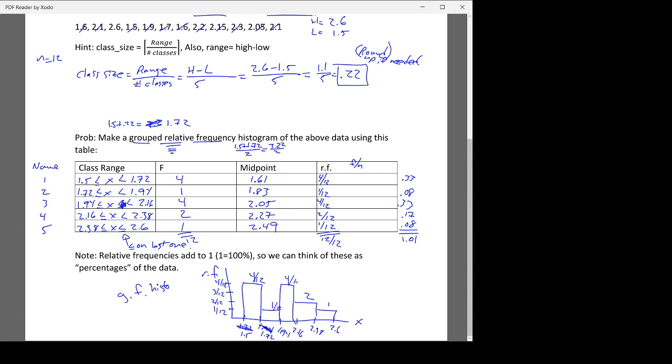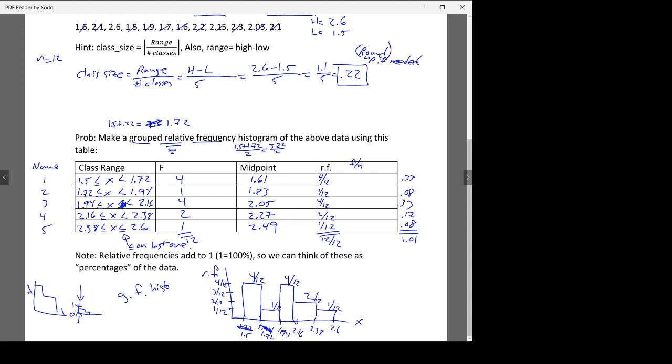So basically what happens when you make a relative frequency versus a frequency histogram is you scale everything, like here's what you had, your frequencies, and then you scale it down. You scale it down to where it's in a scale of 0 to 1 or 100%.